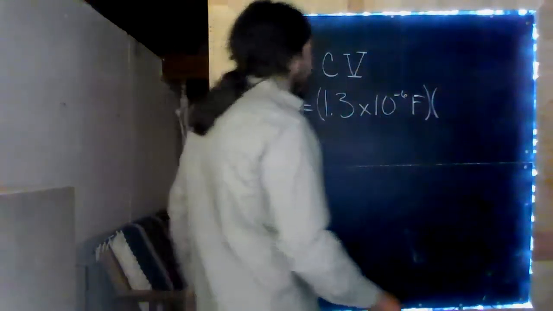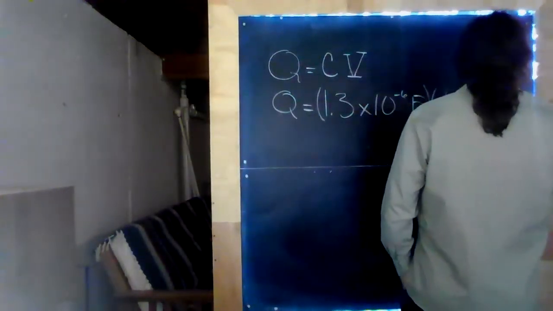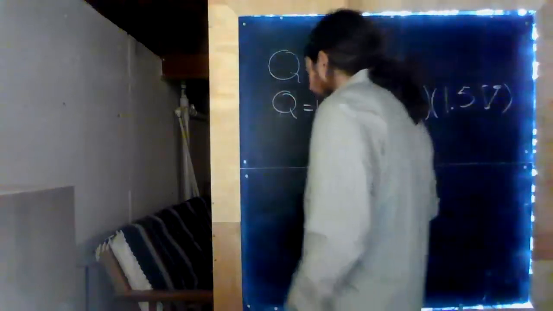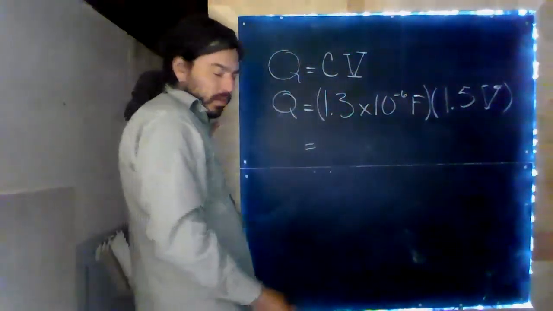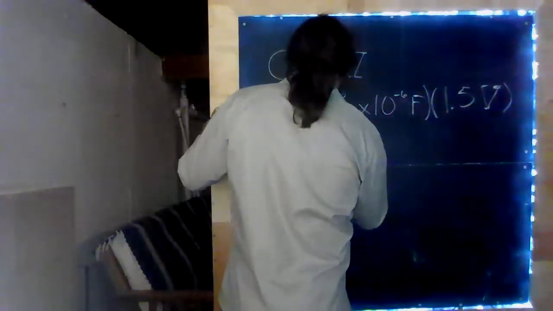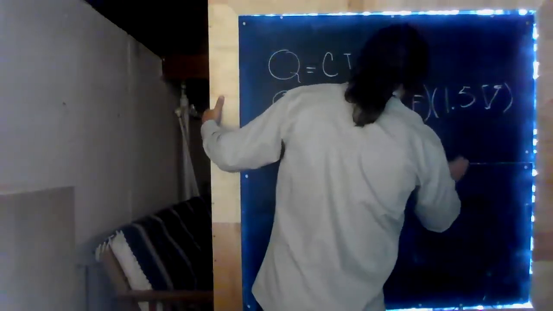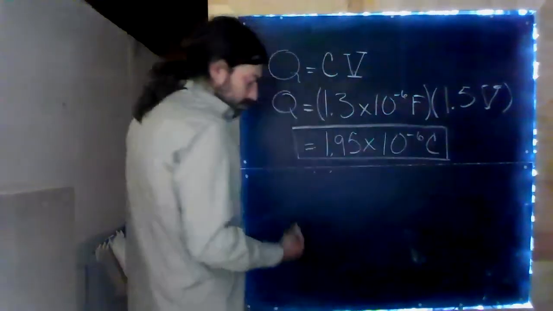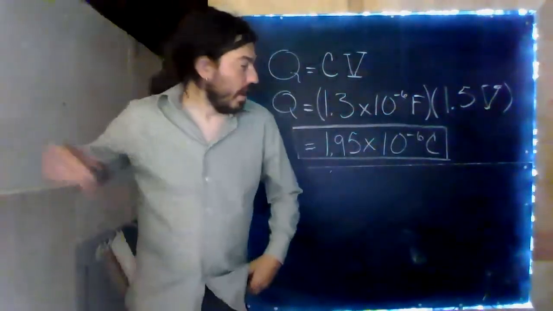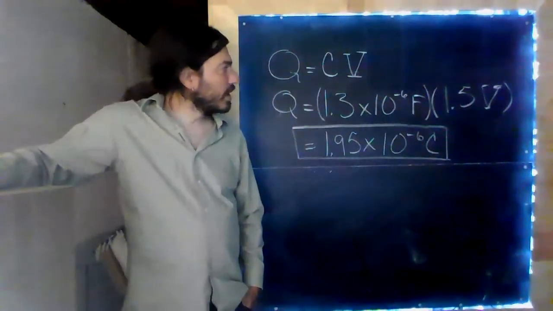We hooked it up to a 1.5 volt battery. Run our calculator and we get 1.95 times 10 to the negative 6th coulombs.